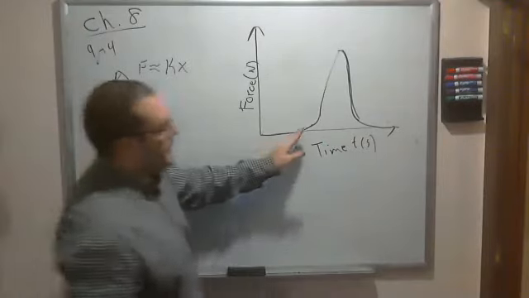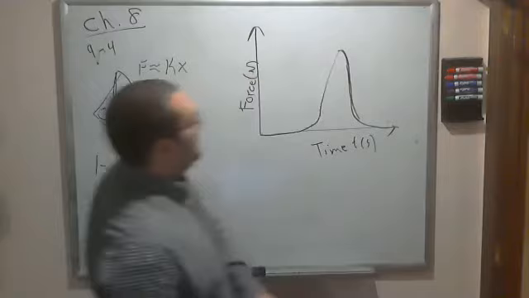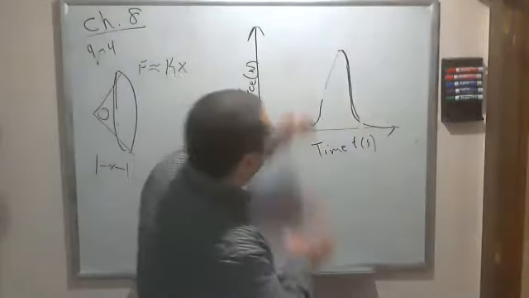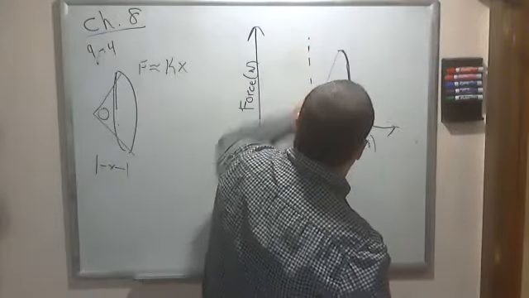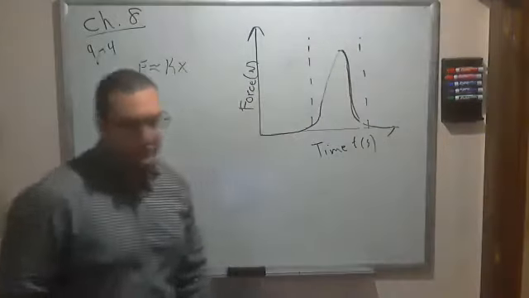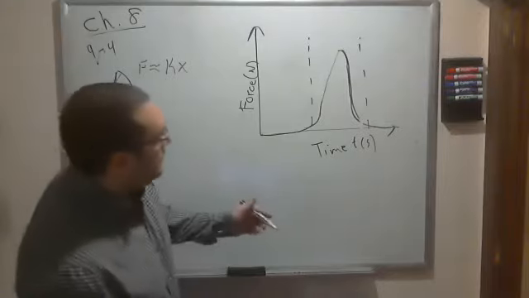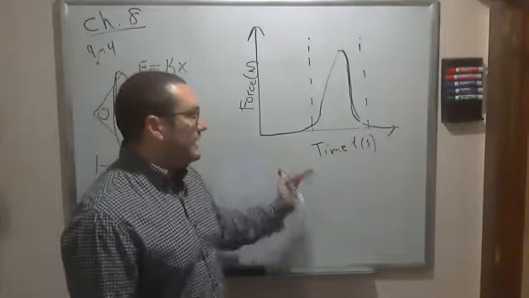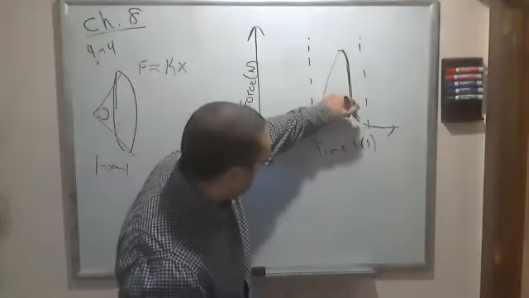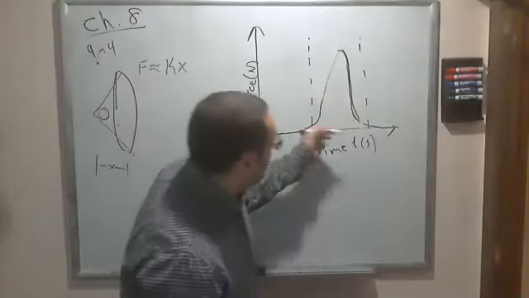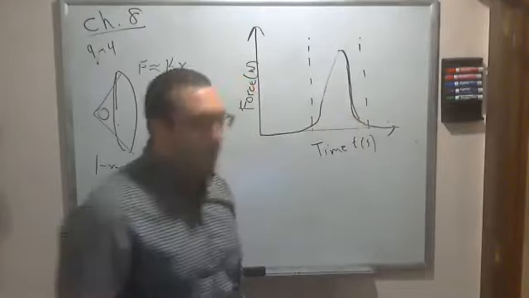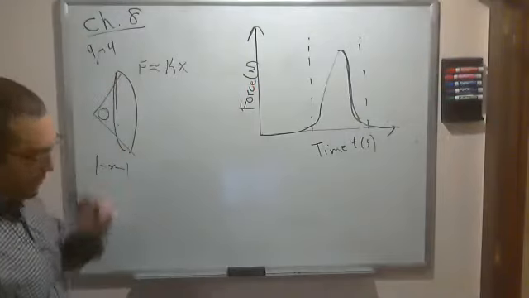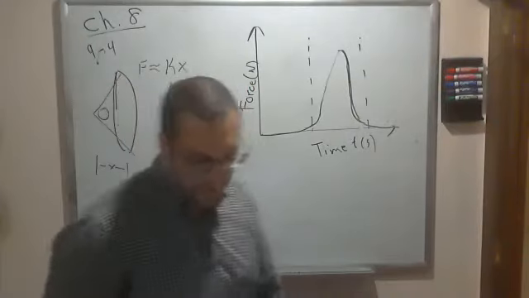Now we have a time-dependent force that only occurs over some finite interval, between these two points. When the force is not constant and occurs over a finite interval, we call this an impulse. We give it an impulse of force.